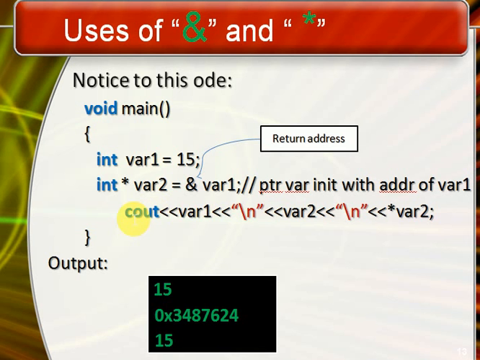Now cout variable1, new line, variable2, new line, value stored at variable2, that is *variable2. Variable1 gives 15, variable2 means the address of the first variable, and *variable2 is the value stored at that address.